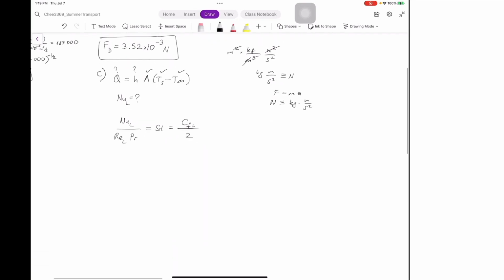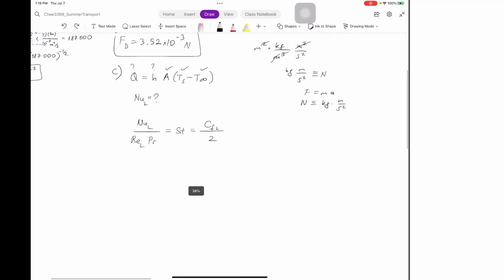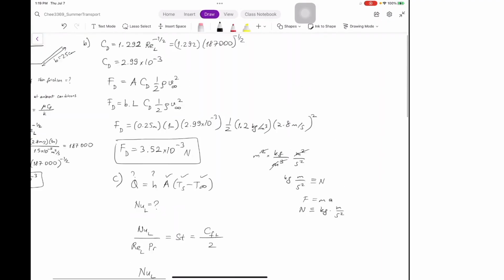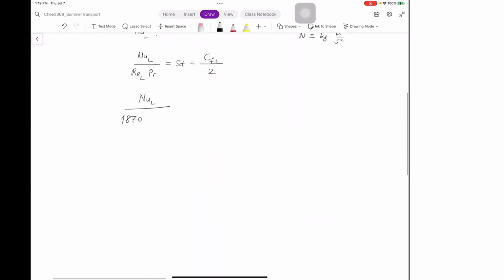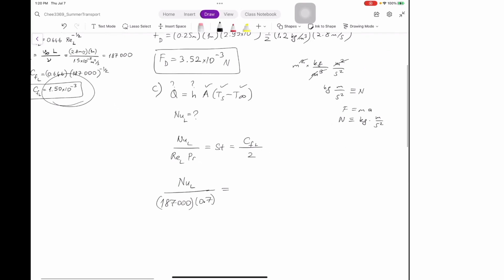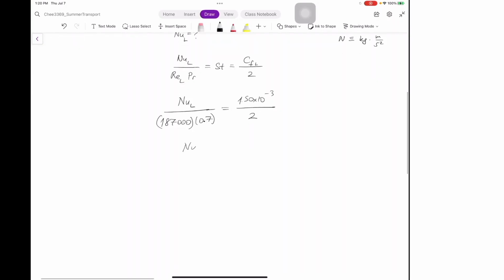And we already had calculated this in part A, right? And Reynolds number we already calculated. Prandtl number we know. So if you plug in the numbers, you're going to find out that the Nusselt number divided by the Reynolds is 187,000 times 0.7 is equal to CF, which is 1.50 times 10 to negative 3 divided by 2. So let's find out the Nusselt number.